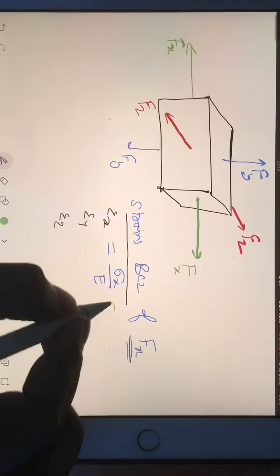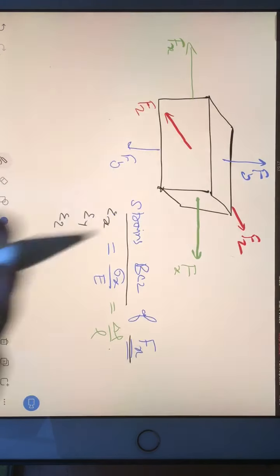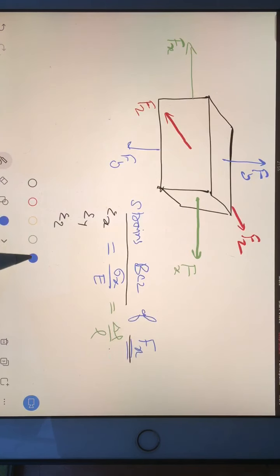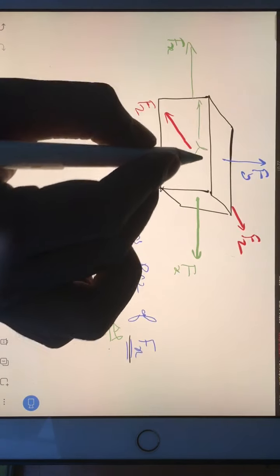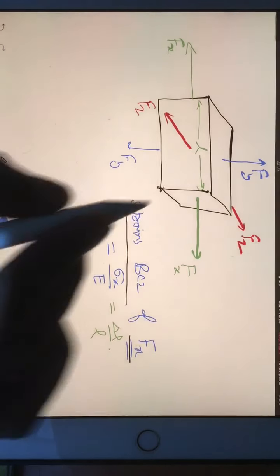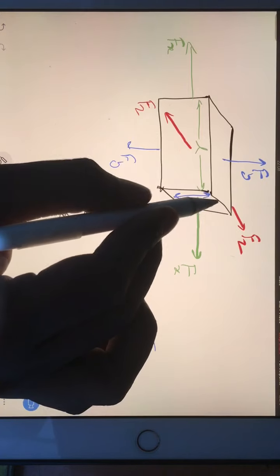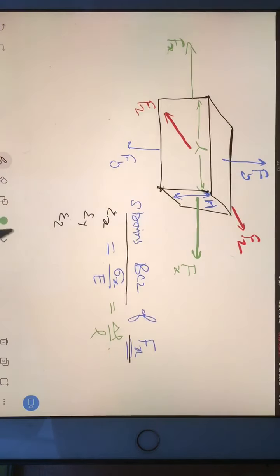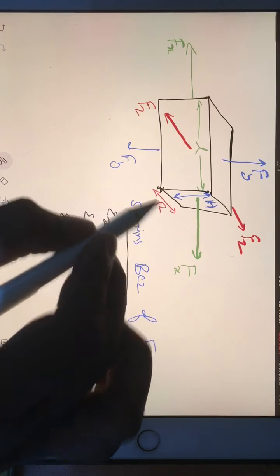You can also write it like this, del L by L. For simplicity, you also give dimensions: the green color dimension you give as L, the blue color dimension you give as height h, and the red color dimension you give as B.